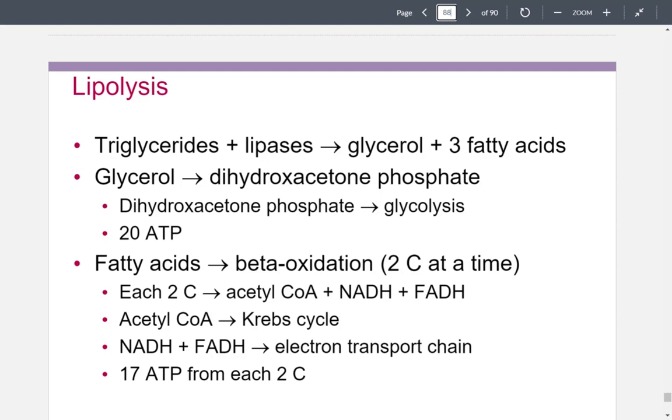The fatty acids are going to undergo beta oxidation, 2 carbons at a time. So every 2 carbons becomes an acetyl-CoA with an NADH and a FADH, which will go into the Krebs cycle and the electron transport chain respectively, which means every 2 carbons will create 17 ATP. So the longer the carbon chain, the more energy created.